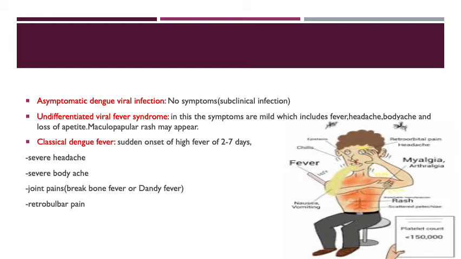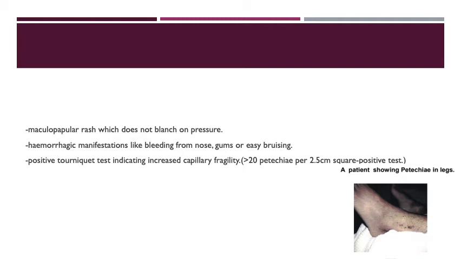rash. In classical dengue fever, we have sudden onset of high fever of 2 to 7 days duration and is characterized by severe headache, severe body aches, joint pains, retrobulbar pain, maculopapular rash which does not blanch on pressure, hemorrhagic manifestations like bleeding from nose, gums, or easy bruisability.